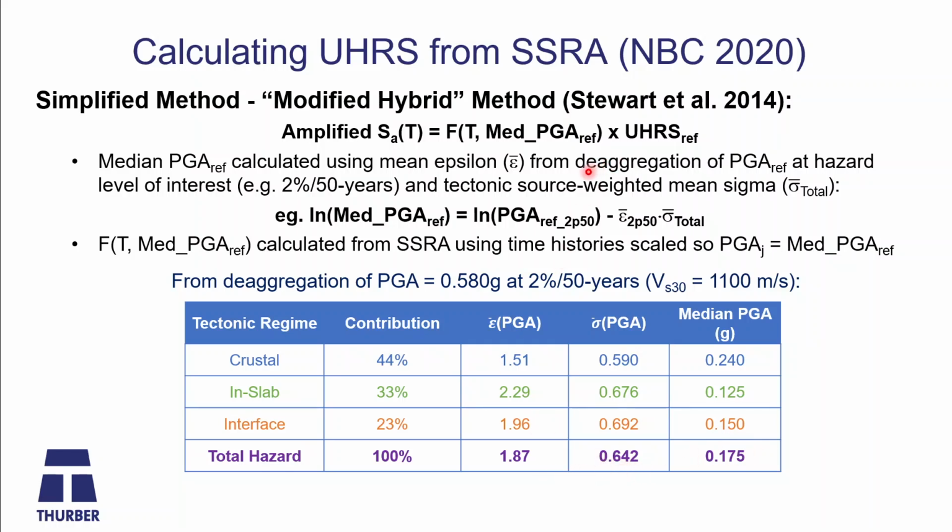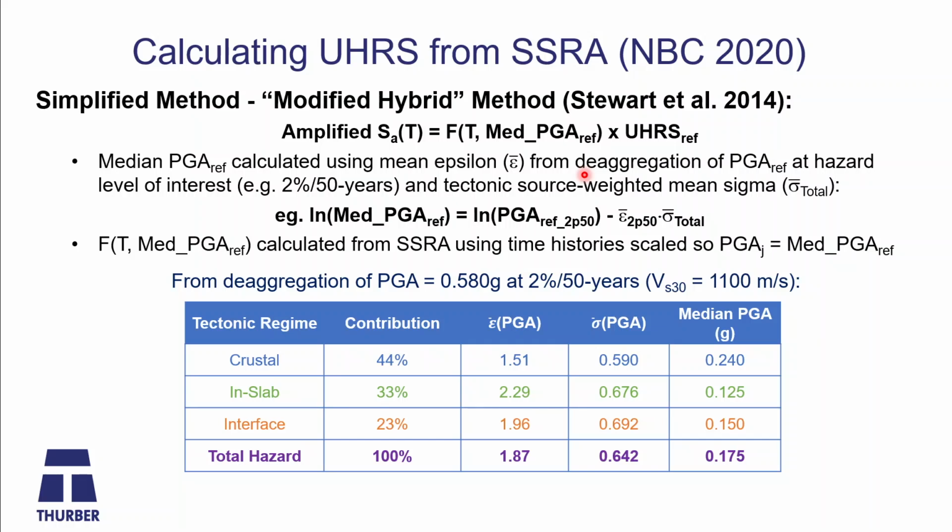To remind you, that median PGA we calculate using the mean epsilon that we get from deaggregation data for the particular intensity measure that we're looking at, which is PGA in this case. You get the probabilistic 2% in 50-year value, 0.58g, and get the deaggregation for that value.